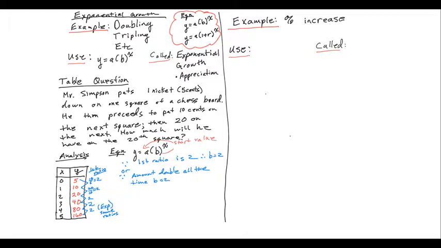And then remember, B is the ratio. So in this case, the starting value for our problem is the first entry, where x is equal to 0, and our starting value is 5.